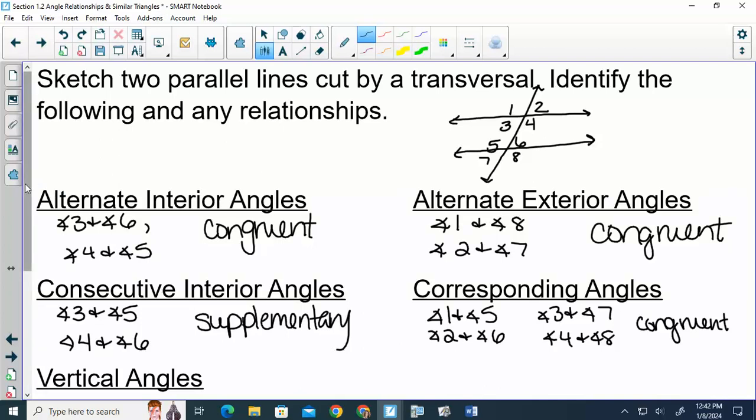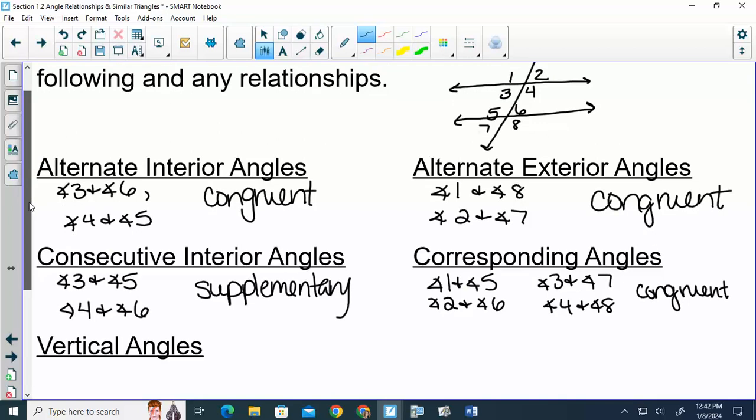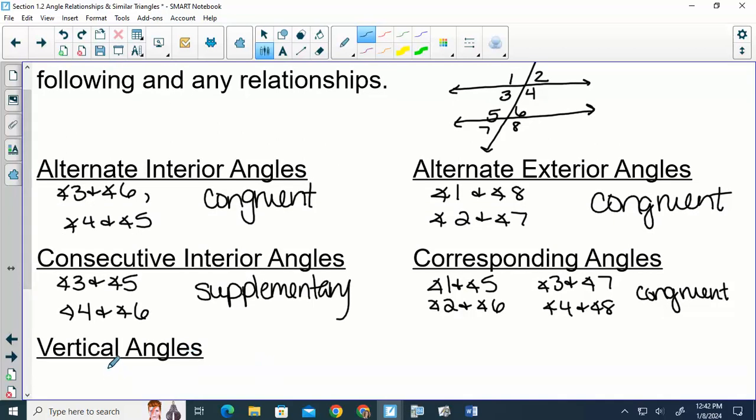Okay. Vertical angles. What does that mean? They're across from each other. So angle 1 and angle 4. Think about they're across from each other in an X. So 1 and 4, 2 and 5, 8 and 6.